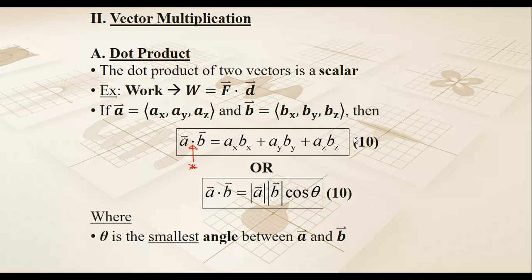Now, it turns out you can actually use that equation to get the equation that we're familiar with, work from Physics 20. So let's say that we had a force vector F, and then you dotted it with a displacement vector D. This would be equivalent to the magnitude of the force vector times the magnitude of the displacement vector times cosine of theta, and that's actually equal to work.